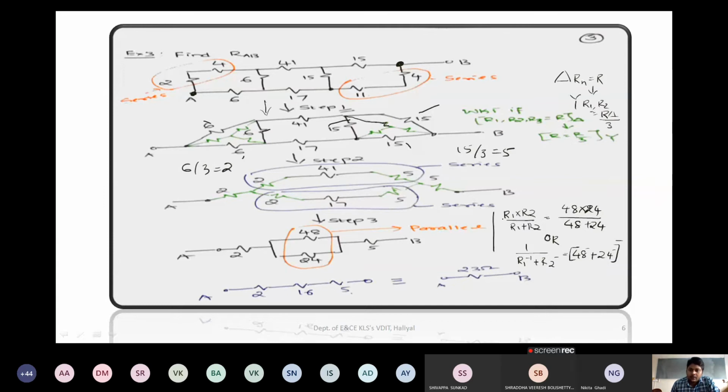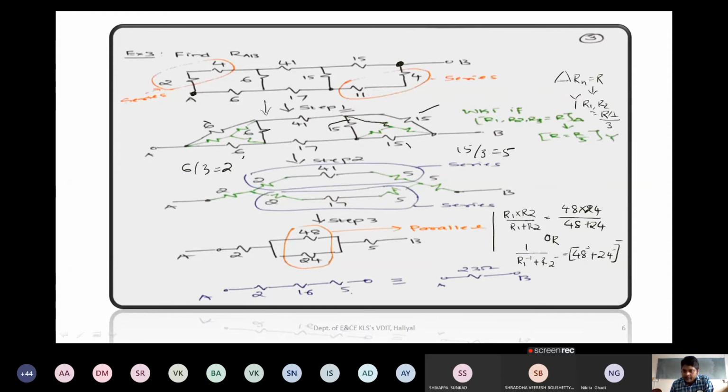So the normal approach for calculating the parallel value is R1 into R2 divided by R1 plus R2. So that turns out to be 48 into 24 over 48 plus 24. Alternatively, you can save time in the calculator with a different approach: 1 divided by R1 inverse plus R2 inverse.